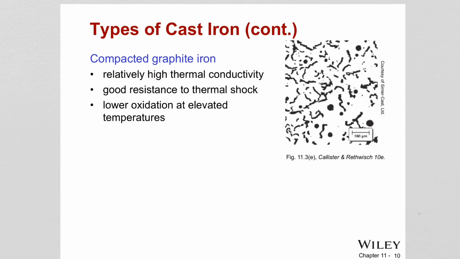It is somewhere in between gray iron and ductile iron. However, now it doesn't have the sharp edges like the graphite flakes. Therefore, this will lead to a reduction in the fracture and fatigue resistance of the material.